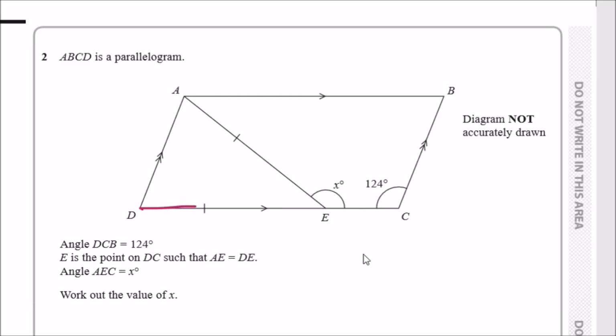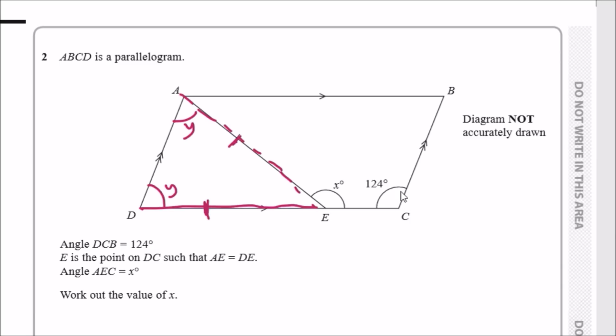So it's telling us that this length here, and they mark it with this line here, is equal to this length over here. If that's the case, this instantly tells us that these angles here are the same, because in every isosceles triangle, if 2 lengths are the same, their respective angles are the same. So whatever this one is, because this one's labeled x, let's just call this one y to represent the same. Alright, so here, work out the value of x.